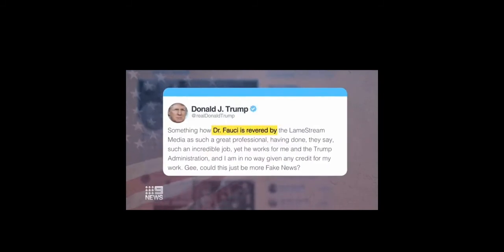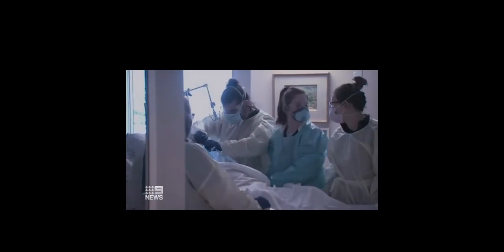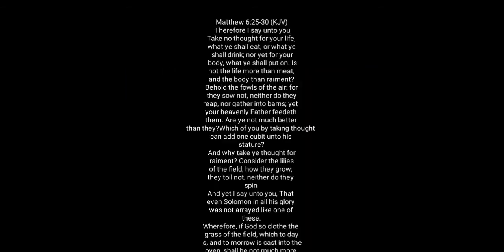"Dr. Fauci is revered by the lamestream media, yet he works for me and the Trump administration, and I am in no way given any credit for my work." Could this just be more fake news? Amid the politics, the US Surgeon General desperate to keep the nation's focus on the virus. "There's a finish line in sight, but we've got to keep running towards it." Kate Creedon, 9 News.